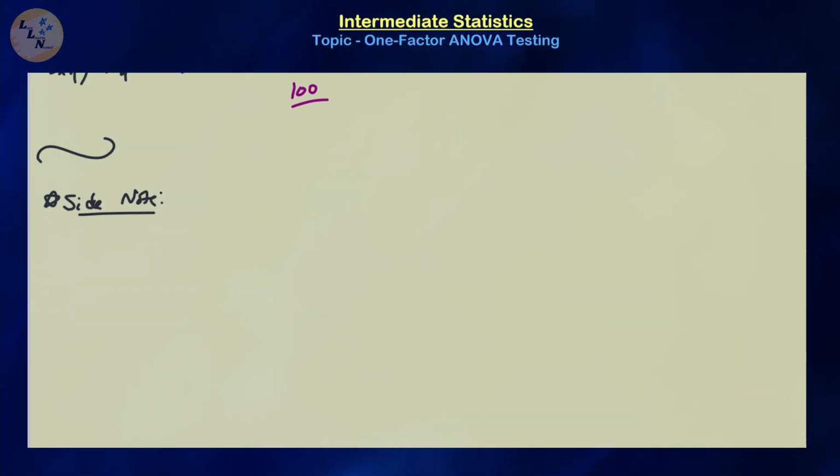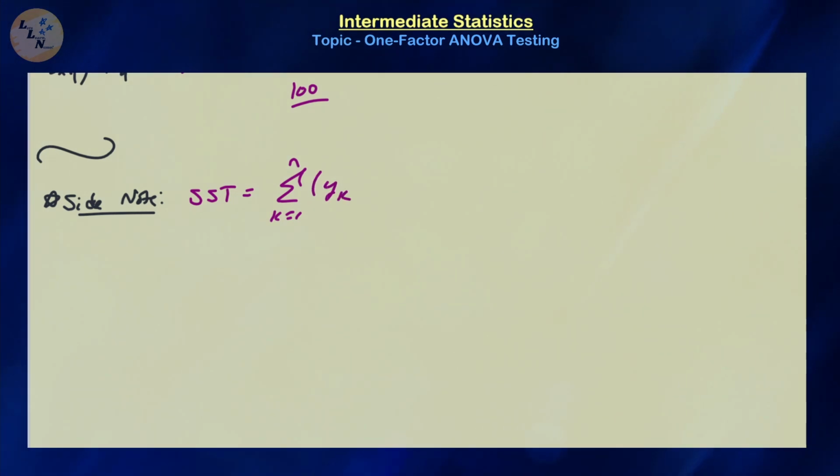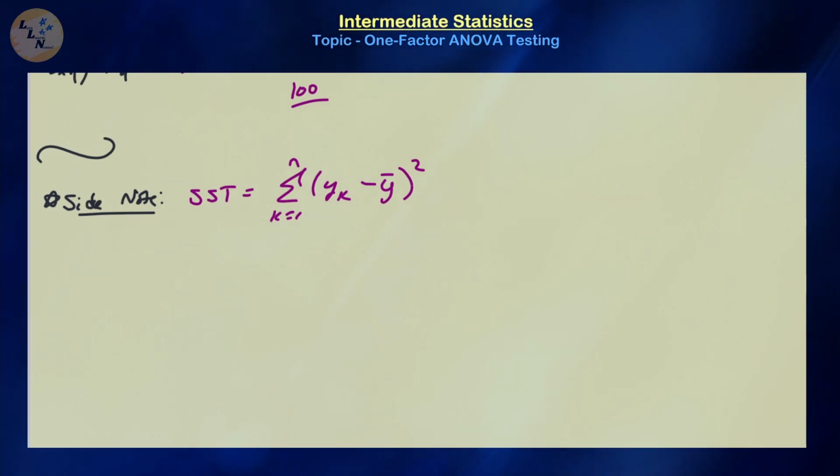Remember, the total sum of squares was equal to the sum from k to 1 to n. Let's represent this from the regression perspective because I think it's easier to understand. It's going to be equal to y_k minus y bar, squared. So that's each of the values in our sample minus the mean which they all have.